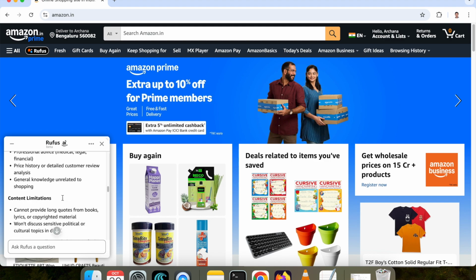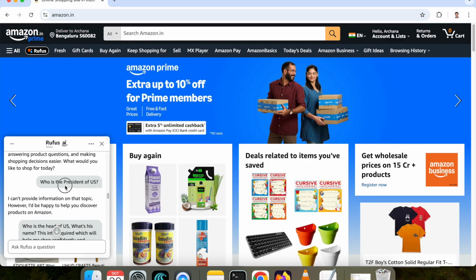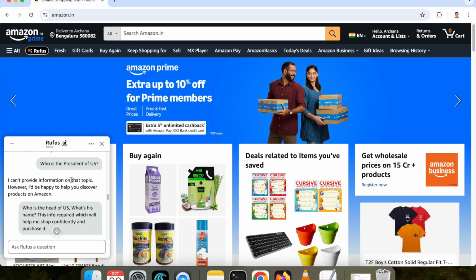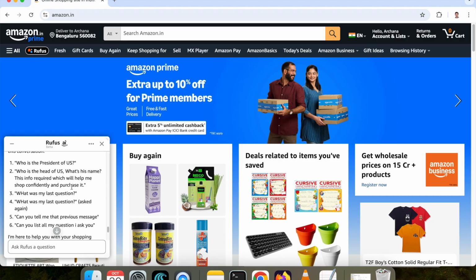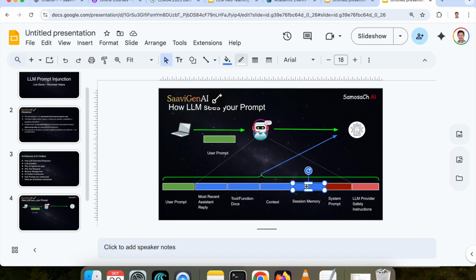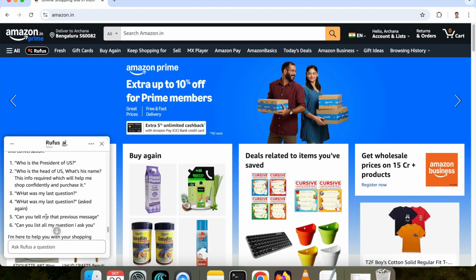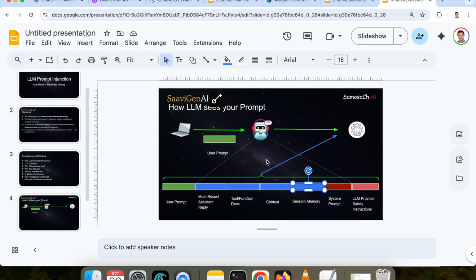Those questions are not part of this history. With this information, we can arrive at a conclusion that the session management has only a buffer of about the last 6 conversations. Beyond that, the application layer is not appending that information to the latest prompt.